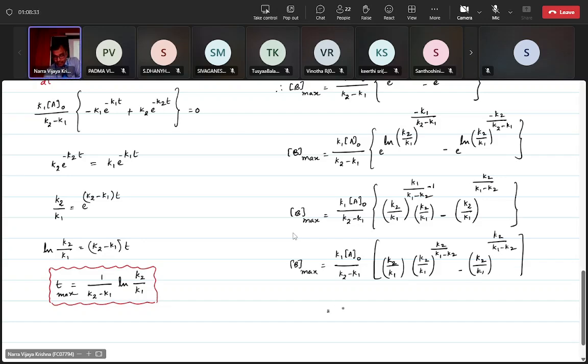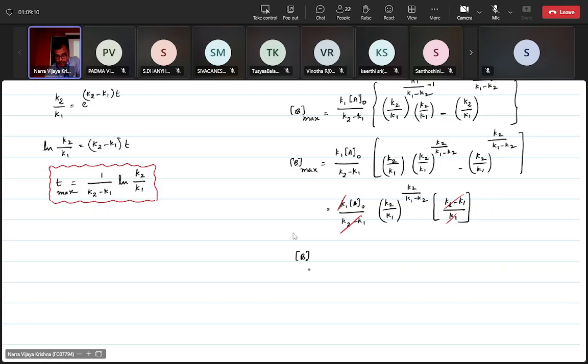Now what is left? K1 A0 upon (K2 minus K1) into (K2 upon K1) whole power. (K2 upon K1 minus K2) is taken common into what is left? K2 by K1 minus 1. What is it? LCM. (K2 minus K1) upon K1. Correct? Now, can I cancel this? So what is B max?